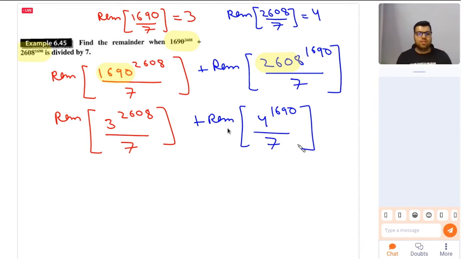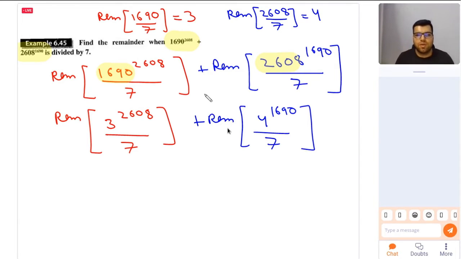Now 3 raised to power 2608 and 4 raised to power 1690. So in order to make this more simple, we know if there is 7 and we have to check the closest power of 3. So 3 square 9, 3 cube 27. So 27 is minus 1 away from multiple of 7, which is 28. So powers of 3 will be helpful to us.